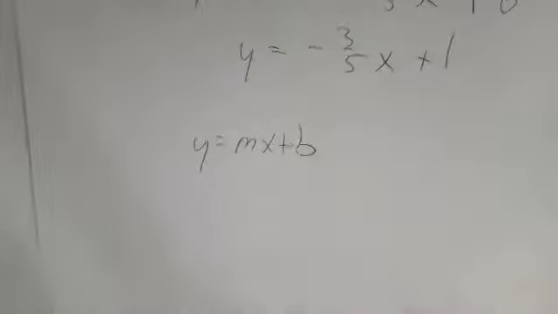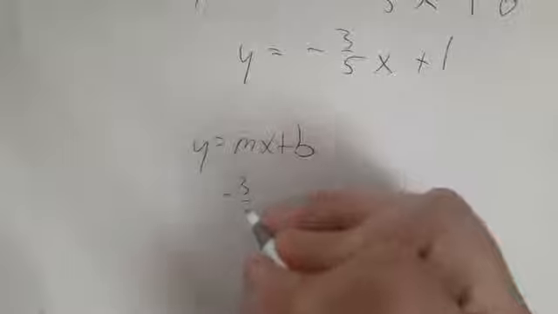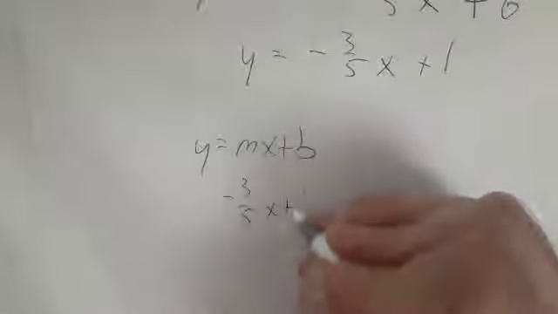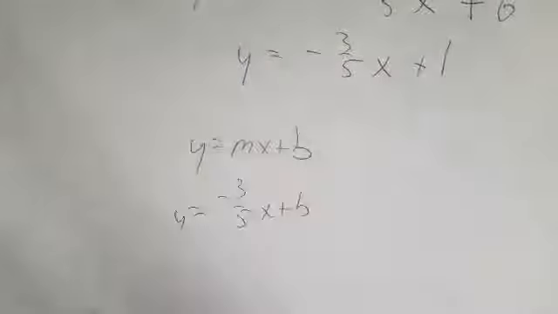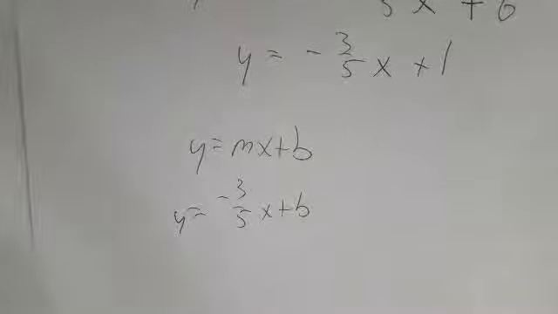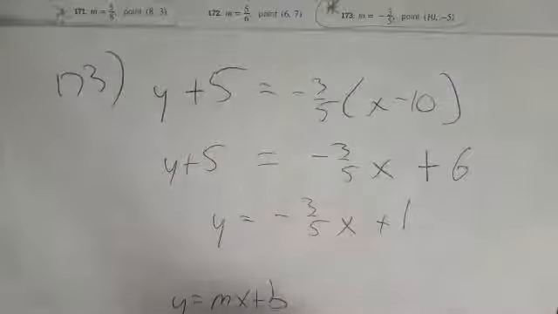A lot of people will come up and see this. Let's do 173. They'll say -3/5. They will plug in the slope, and then they will plug in the point into the slope intercept. So if this is the way you work it out, this is also fine. It's just not the way that I typically go about it.